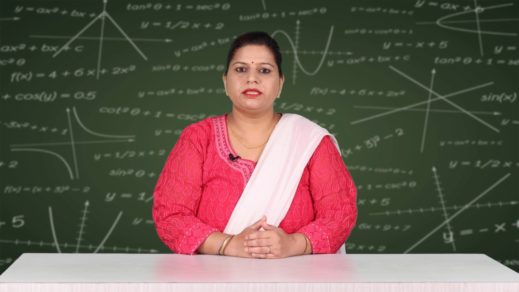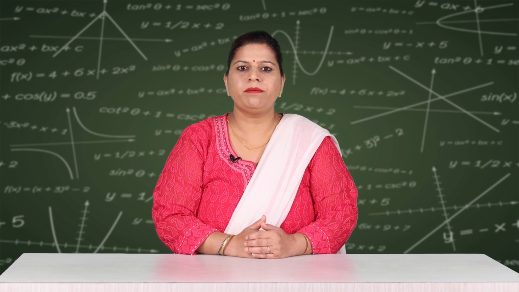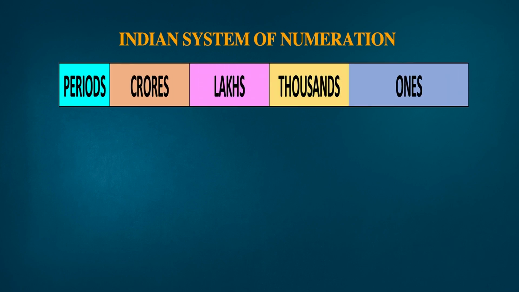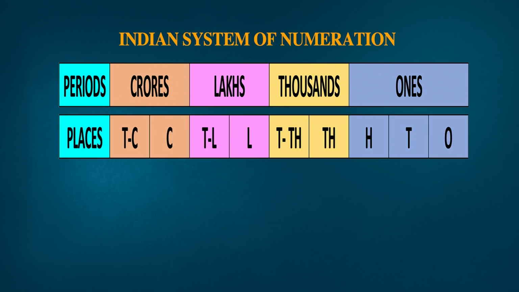Now, we will discuss the two systems of numeration and will try to write the numbers according to the Indian and international place value systems. Indian system of numeration. Here, ones, thousands, lakhs and crores are periods. Period ones has 3 places, ones, tens and hundreds. Period thousand has 2 places, 1000 and 10,000.